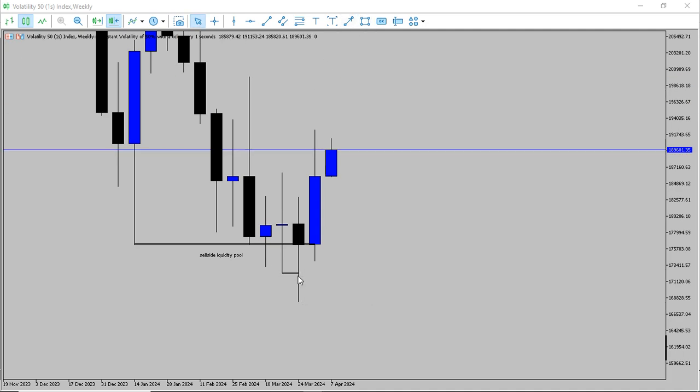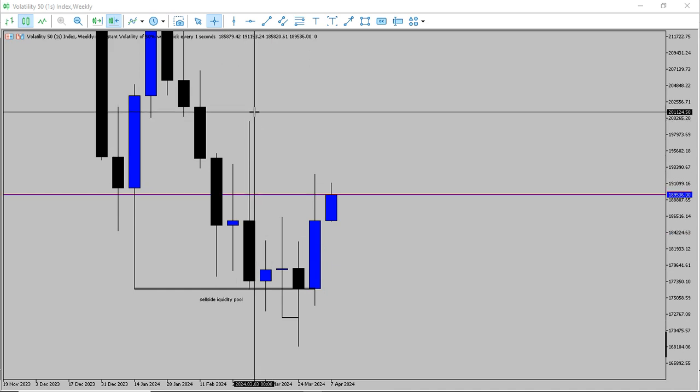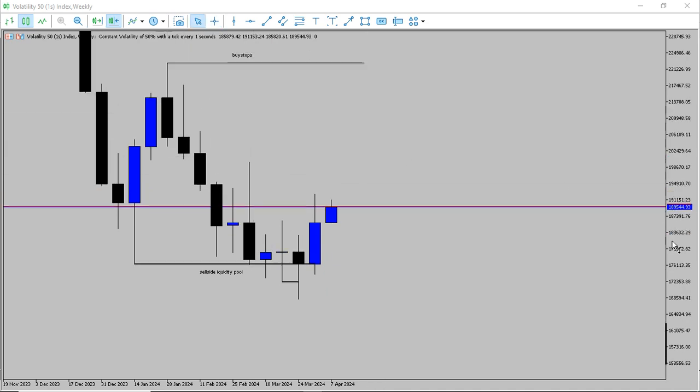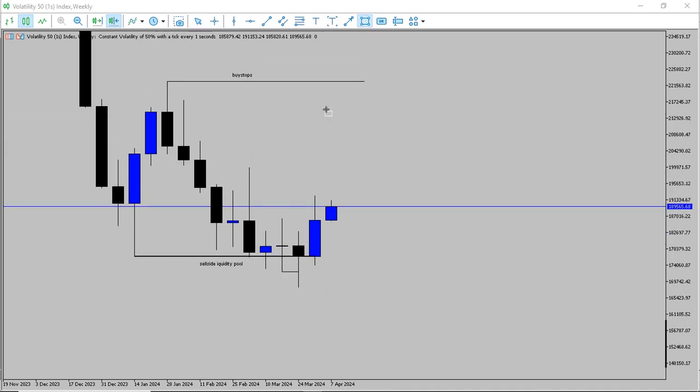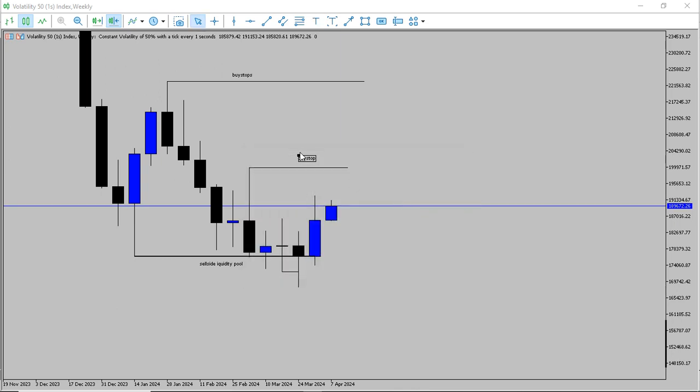If you look right here, this is a long week, so that doesn't show me that there is a supply zone or anything like that, and it identifies that price is at a discount level. So label that as buy stop. Price should be drawn to that high, take partials, and to this high, take profit.